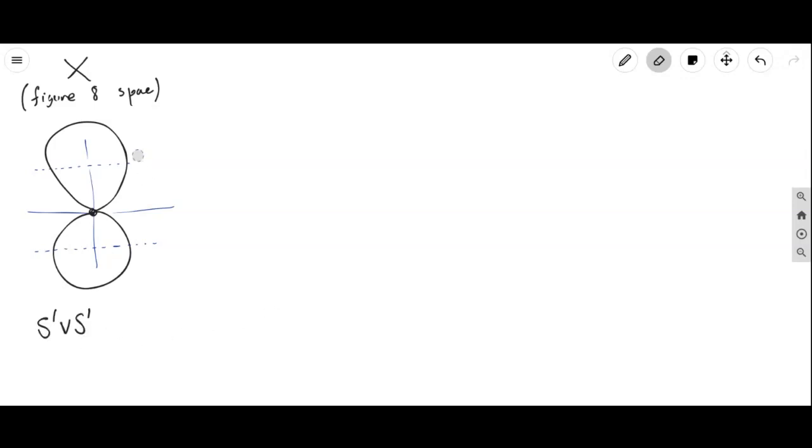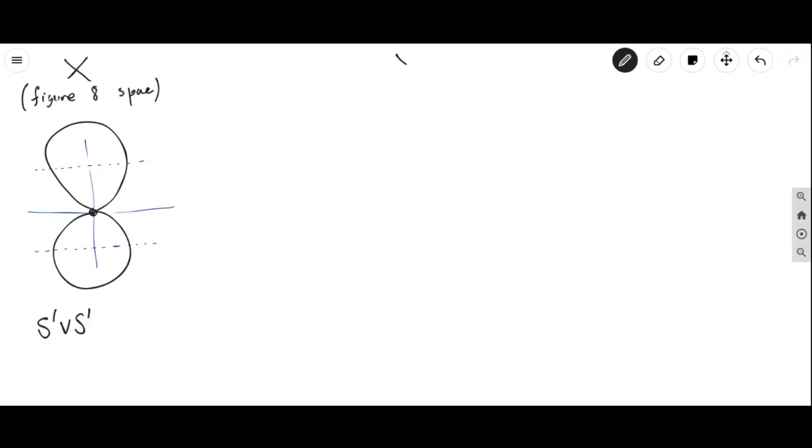So that's the notation, but it's called the figure 8 space. We'll actually discuss this space and its fundamental group later on, but for now we're not finding any fundamental groups. We're just discussing homotopy equivalence. This is the figure 8 space.